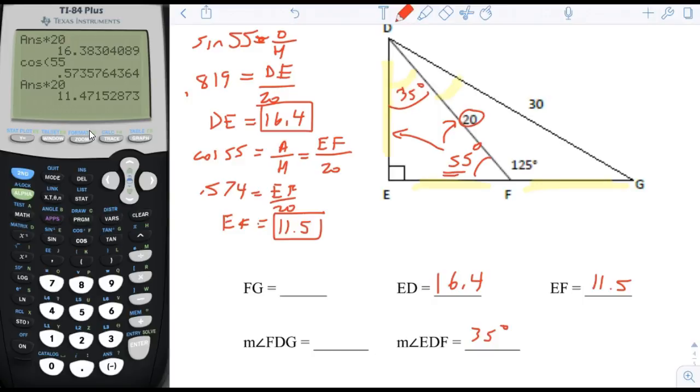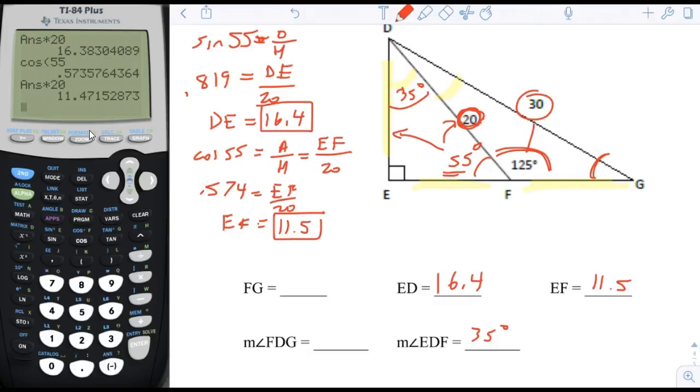Looks like we could use law of sines for this, okay? There's other ways to do it, but since we're doing a law of sines chapter, let's do it with law of sines. So we know that this side corresponds to this angle, and we know that this side of 20 corresponds to this angle here.